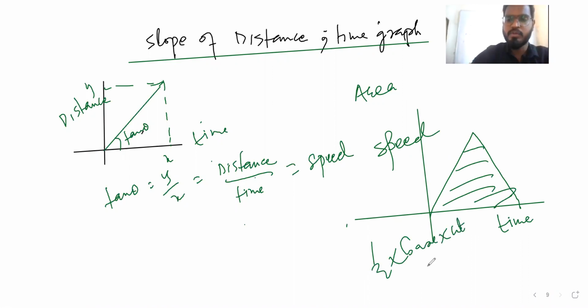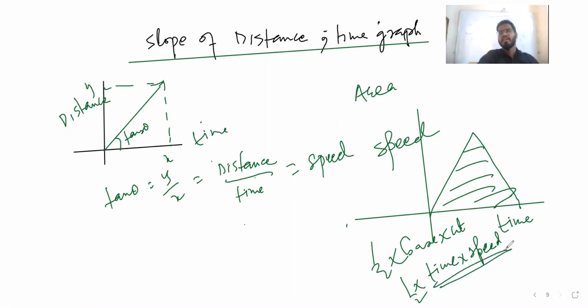Height, right? Base is how much here? Time. Height is how much here? Speed. Speed into time is what? Distance. So you'll get what? Area under the speed time curve will give you what? Distance, right?